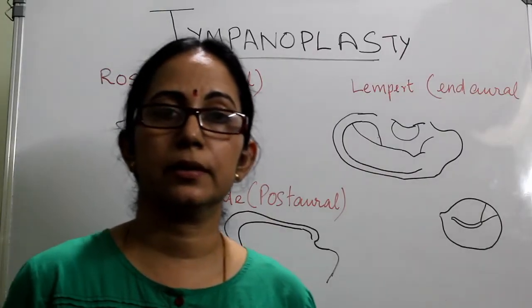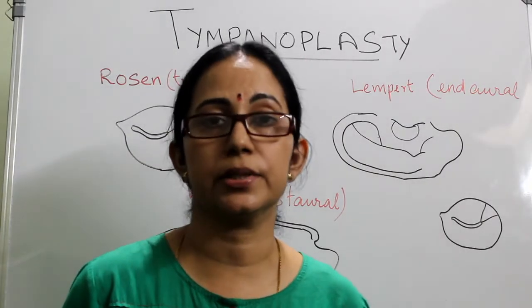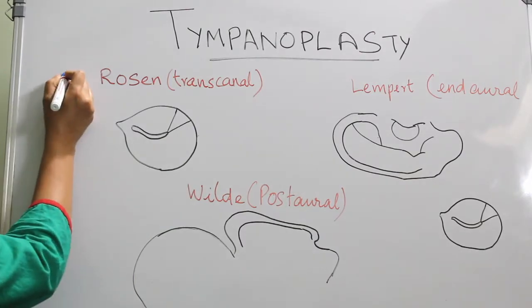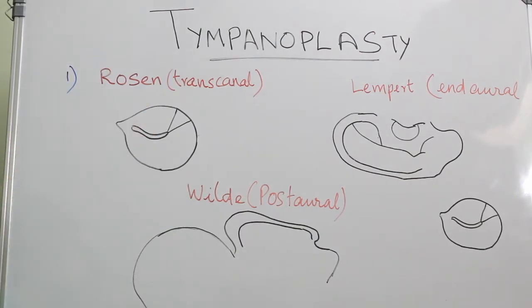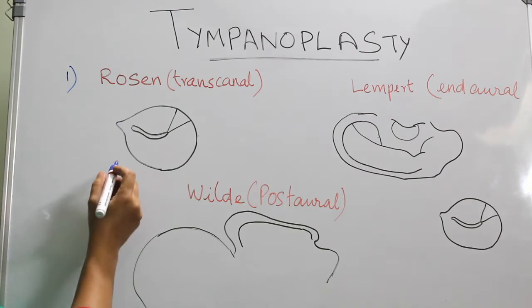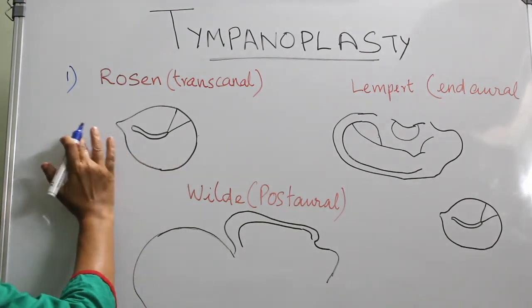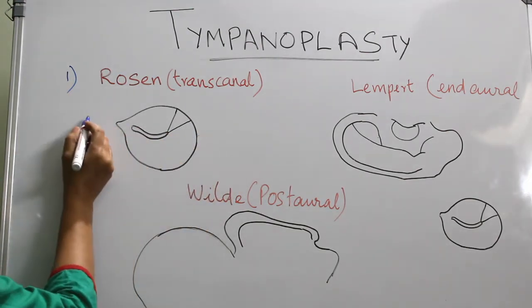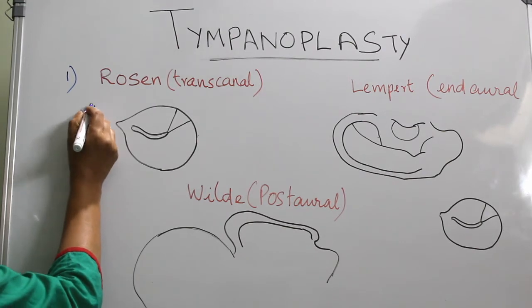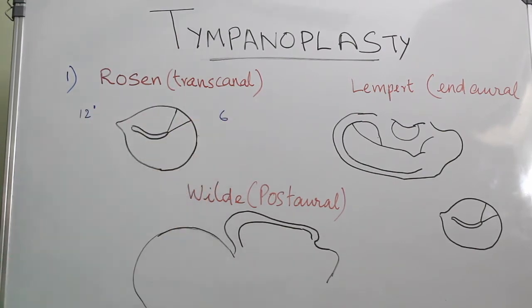For tympanoplasty, there are 3 commonly used incisions. The first is Rosen's incision, that is transcanal. This is the lying down position. This is 12 o'clock and this is 6 o'clock. Right ear in lying position.